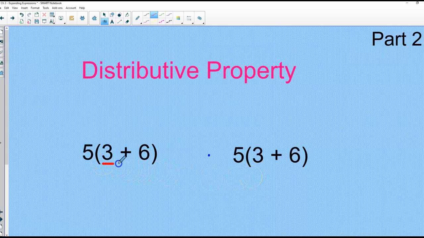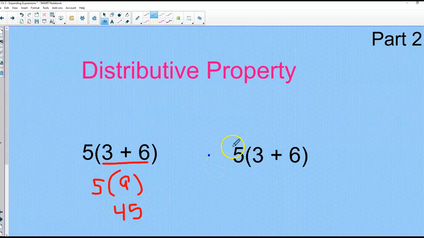Yes, we know, and we've been taught forever, that parentheses come first, we do the inside, and we would get 9 times 5. But the distributive property says that yes, this works, but there's another way to solve this and get the same answer, right?